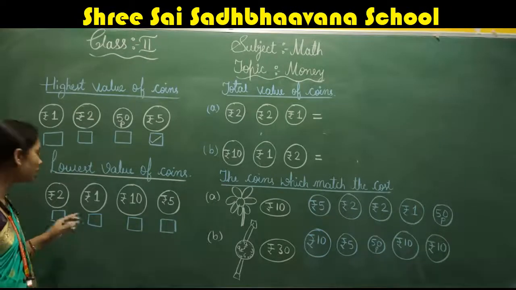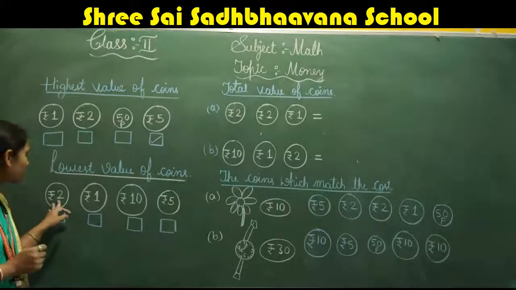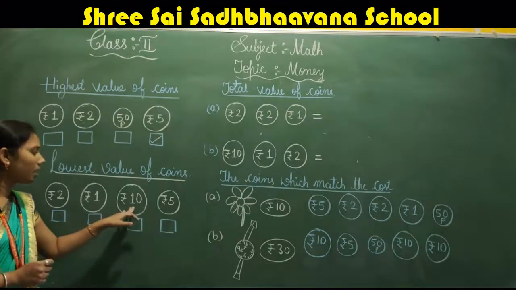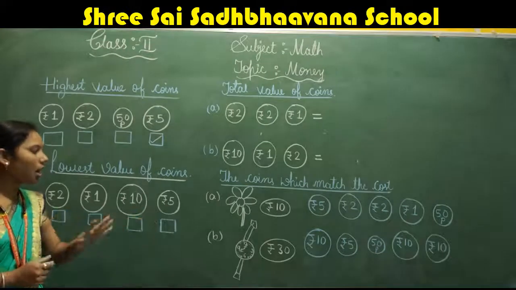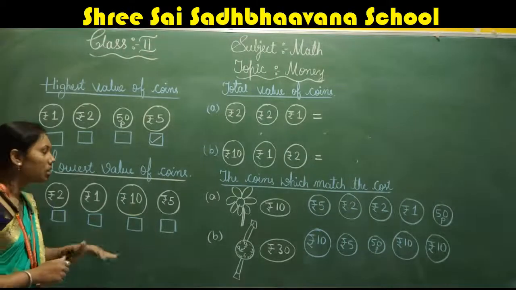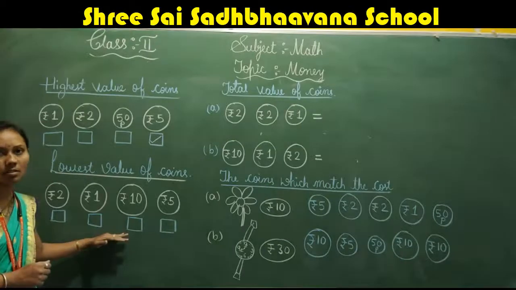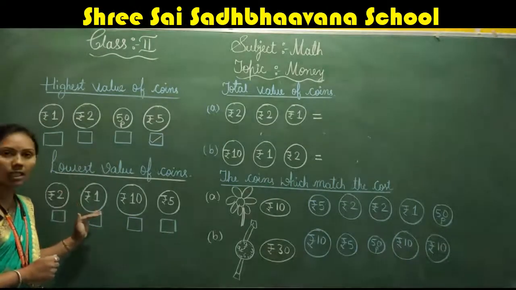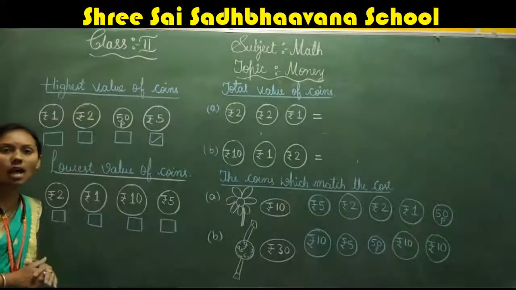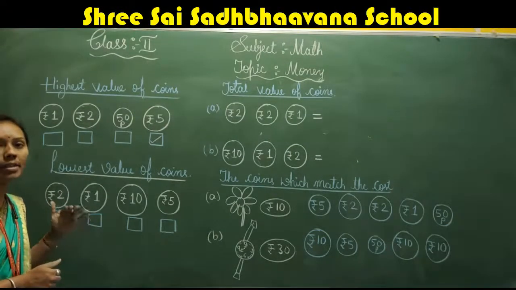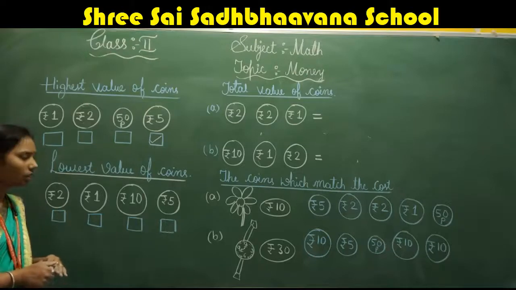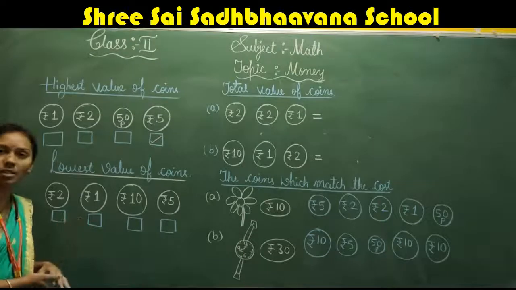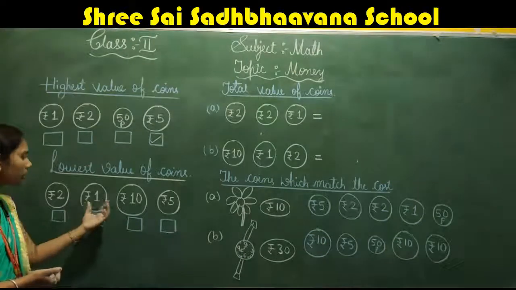Now we are going to pick the coin which has the lowest price, lowest value. Can you think and tell me which one will have the lowest value among these coins?